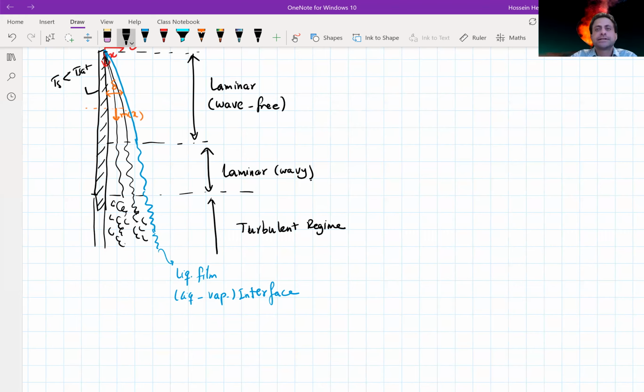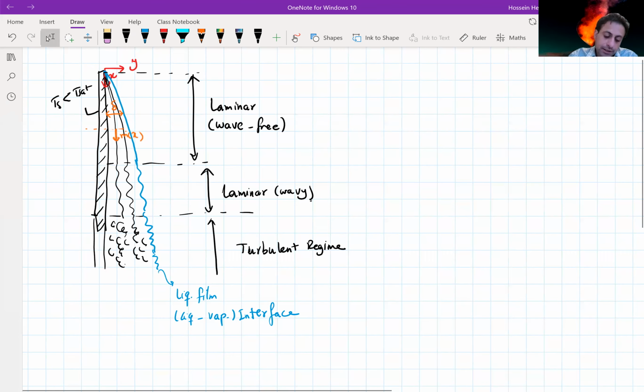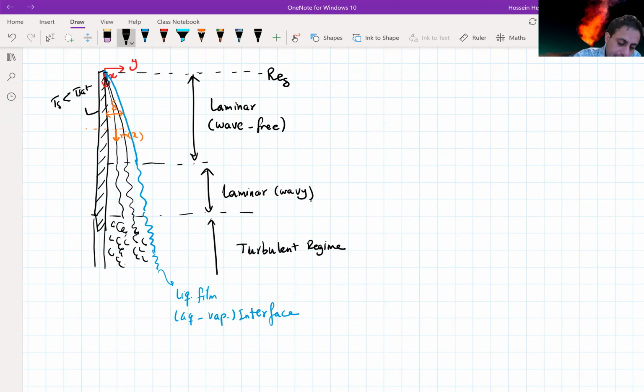For the condensation that's happening here, the way we divide these zones is based on a Reynolds number that we define. We call it the Reynolds number of delta, using delta, the thickness of the condensate. At the very top, delta is zero, there is no thickness, there is no mass, so the Reynolds number is zero.